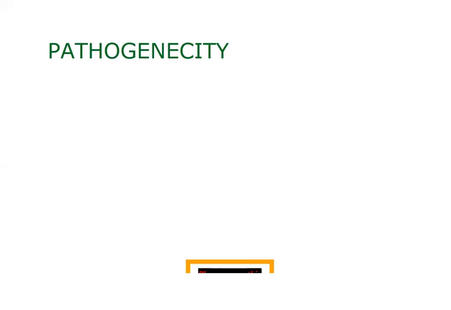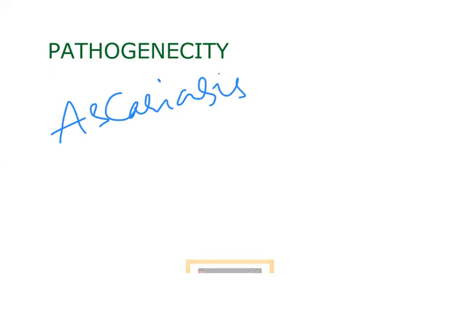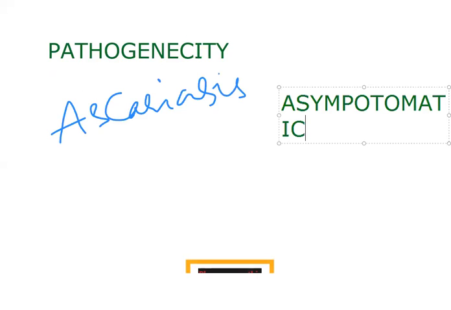Ascaris lumbricoides causes the disease called ascariasis, named after Ascaris itself. The disease is asymptomatic if the number of worms is less. That means no symptoms can be expected in the person.